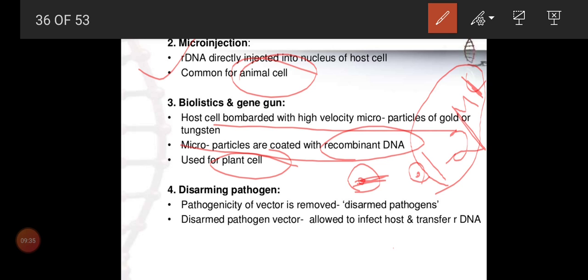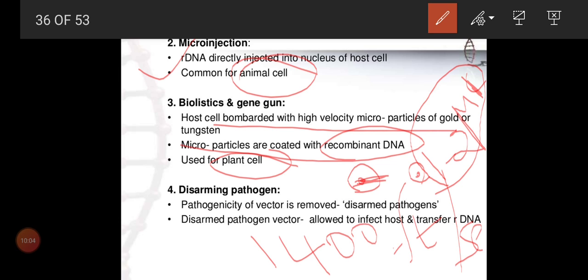To overcome that, a constant rate was maintained, that is 1400 feet per second. This same speed should be followed to achieve biolistics or gene gun in the plant cell.